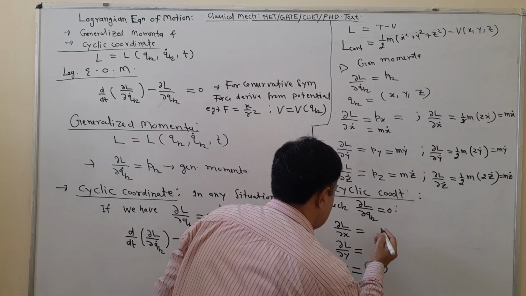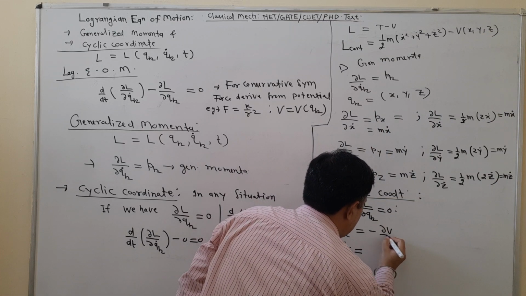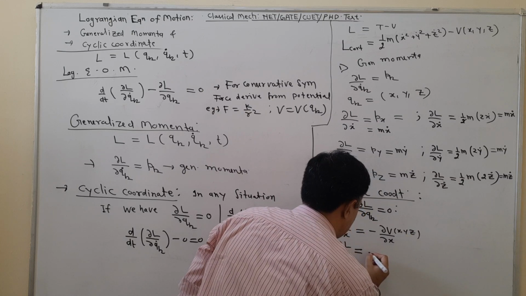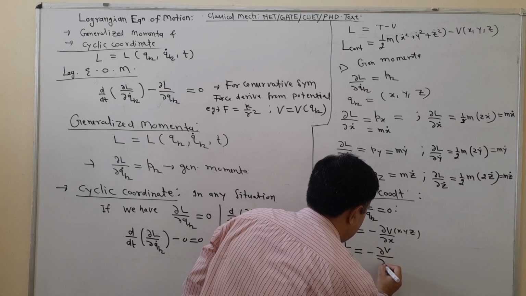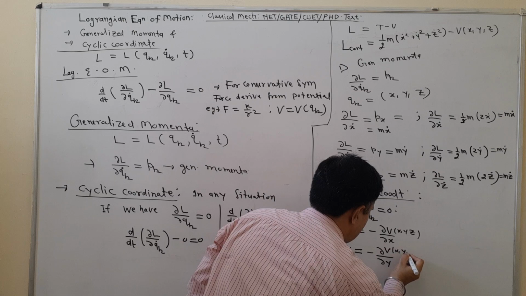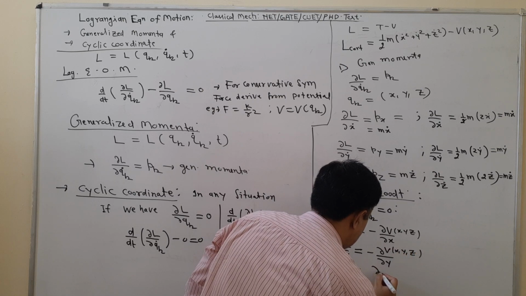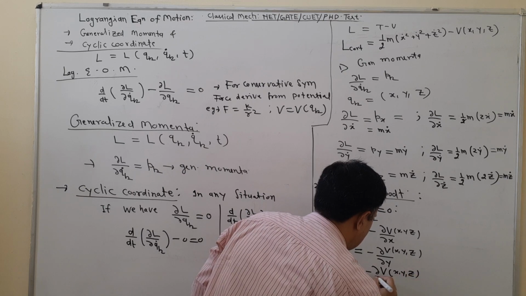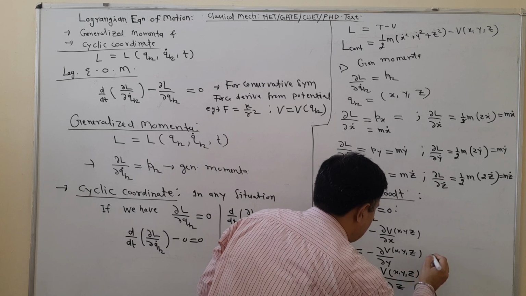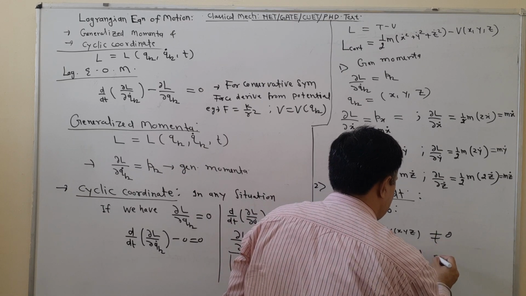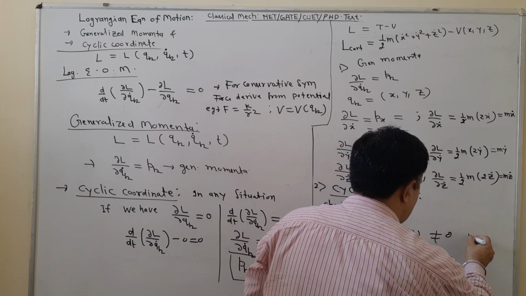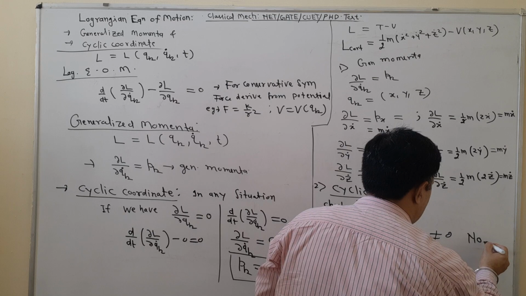So this is minus del v by del x, minus del v by del y, and minus del v by del z, which is not equal to 0. So no cyclic coordinate.